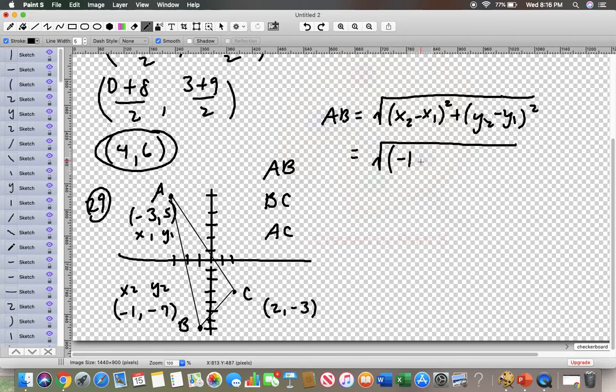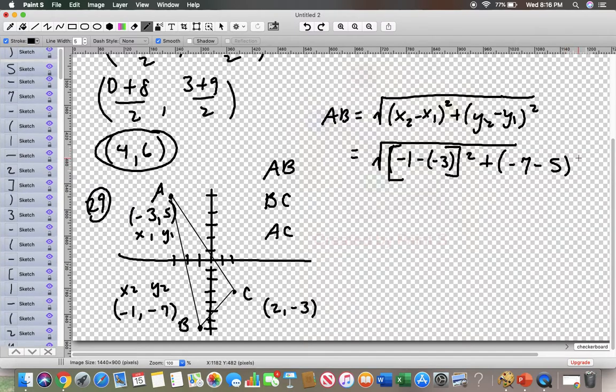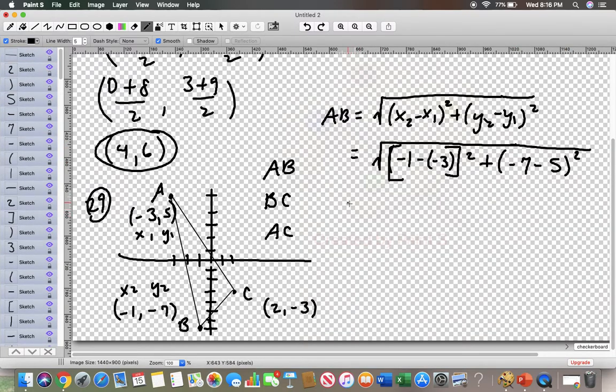It's negative 1 minus, let's use brackets, negative 1 minus a negative 3, which is my x sub 1. All of that needs to be squared, plus y sub 2 is negative 7 minus y sub 1 is 5. Square that as well. Let's simplify.